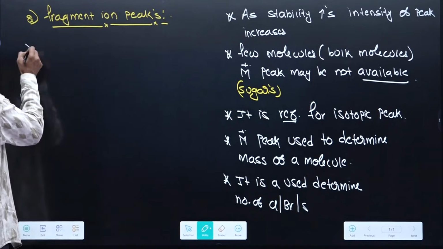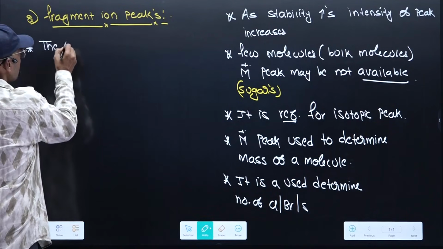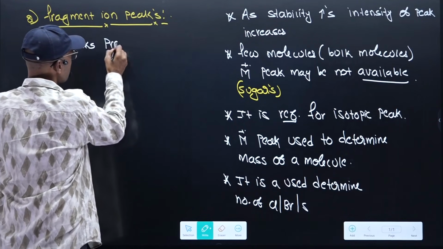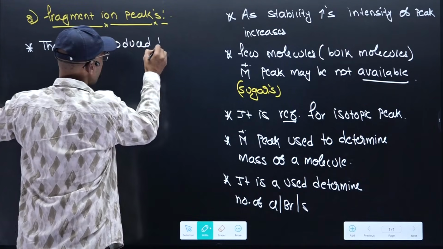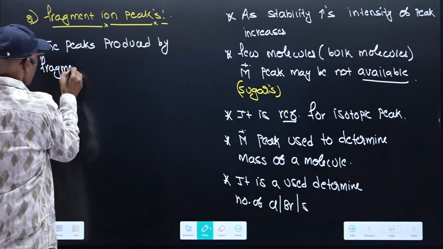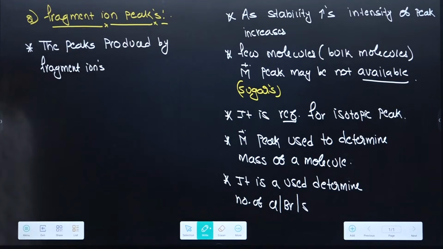Now, what are fragment ion peaks? The peaks produced by fragment ions are called fragment ion peaks.